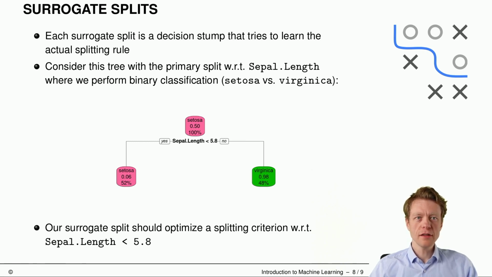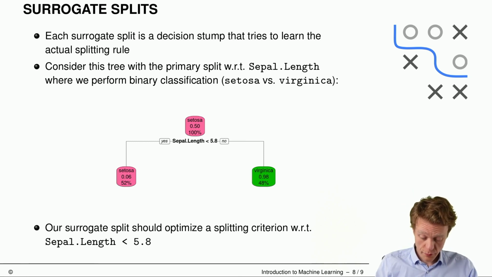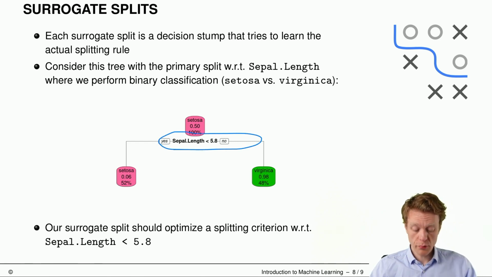So it's kind of a meta question here. Okay, so let's look at this tree with a primary split with respect to sepal length equals 5.8, where we perform a binary classification. So to make it easy, we don't have the third class of the iris dataset here, but just Setosa and Virginica.